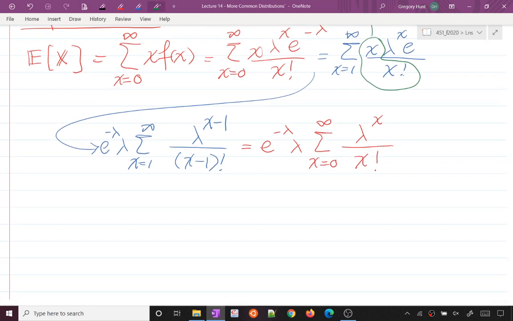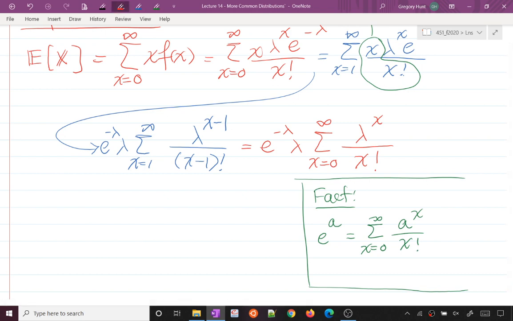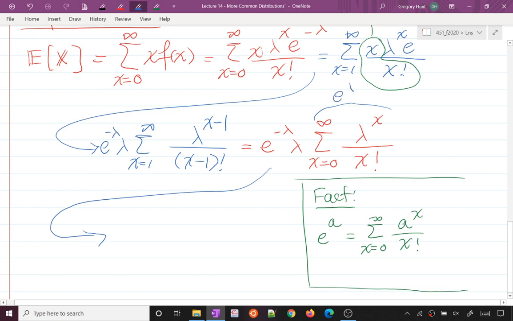Now, from Calc 2, hopefully this looks somewhat familiar. Here's a fact to remember from Calc 2: e to the a can be written as the sum, x goes from 0 to infinity, of a to the x over x factorial. So what I have going on here in my sum is going to be like e to the lambda, because instead of a, I have lambda.